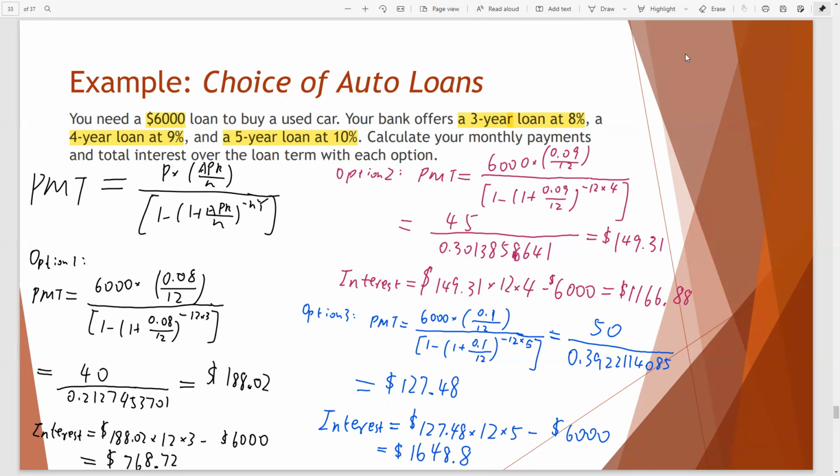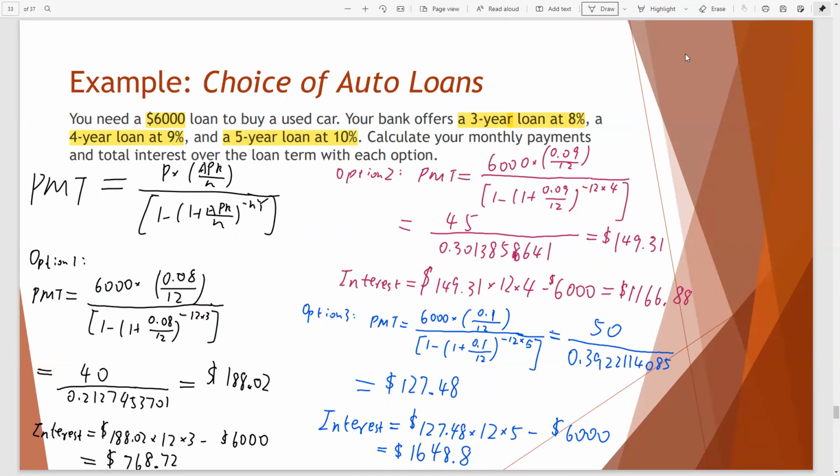Of course, if you need your money to do something else and cannot afford that amount of loan payment every month, then you can try to see which option will be the most beneficial, right? The shorter term you borrow, the less interest in total you're gonna pay. Okay, so that will be the idea of this question.